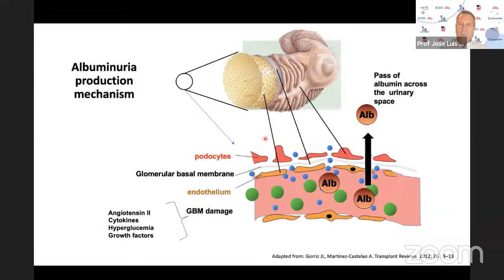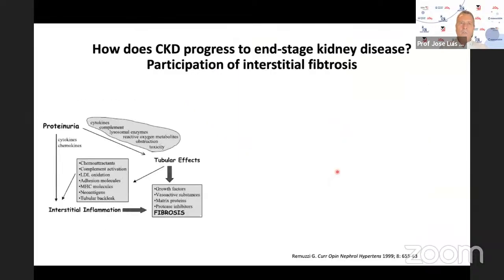After this damage of the glomerular basement membrane, you are able to detect the albuminuria by albumin creatinine ratio measurement. And how does chronic kidney disease progress to end-stage renal disease? This is important: the participation of interstitial fibrosis. Interstitial fibrosis is also important in the progression of chronic kidney disease. So this proteinuria leads to inflammatory cytokines and chemokines.